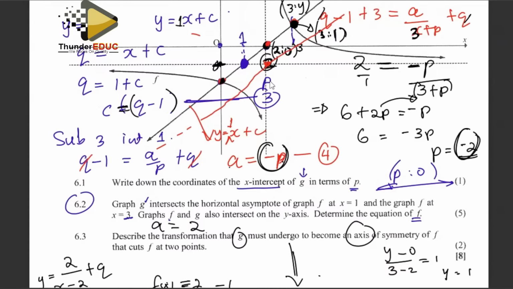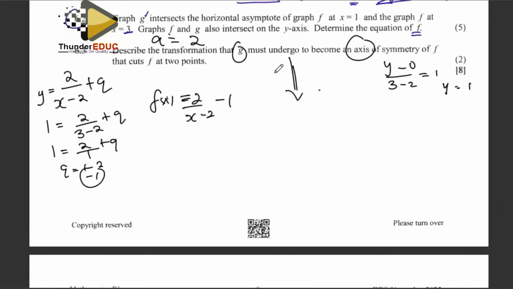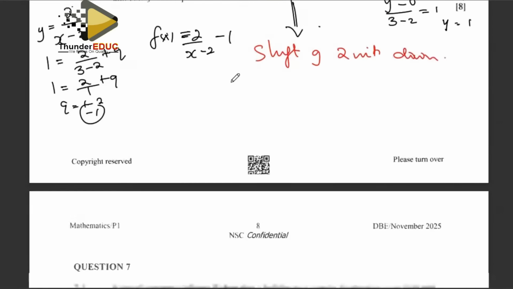This point was 2 and this is 0, so the graph needs to shift 2 units down. So we are saying shift g 2 units down. That is the transformation that must take place.